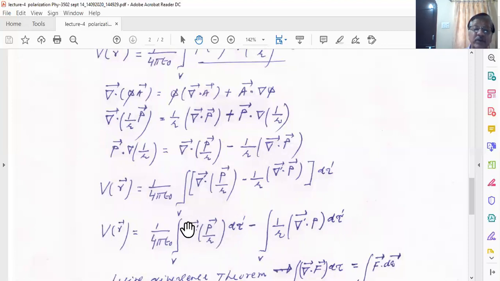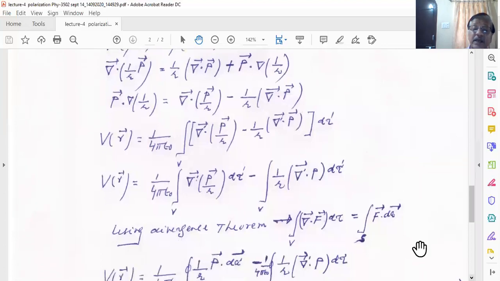Now this volume integration can be converted into a surface integration using Gauss's theorem, or the divergence theorem. The divergence theorem says that the volume integration of the divergence of any vector function is always equal to the surface integration of that vector function taken over the surface.